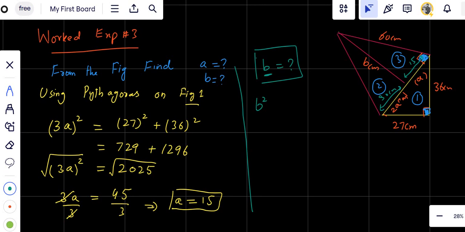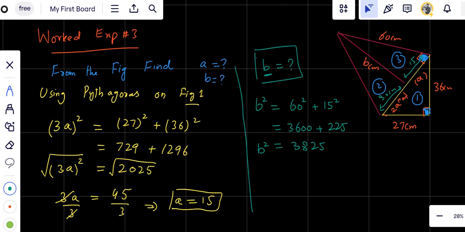So it is B square, then 60 square, 15 square. 3600 plus 225. By adding these, it's 3825, I think so.